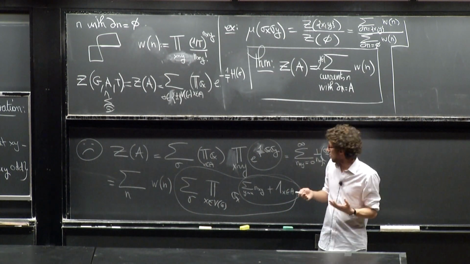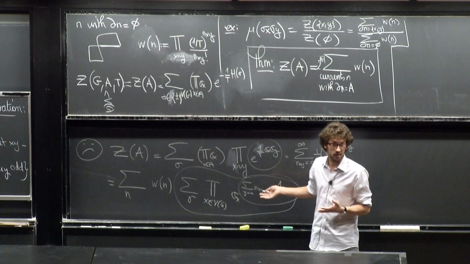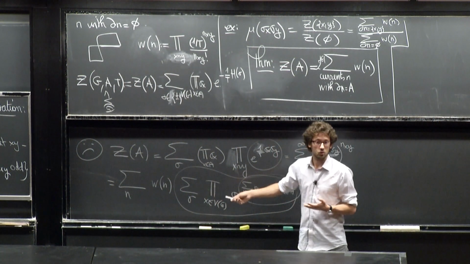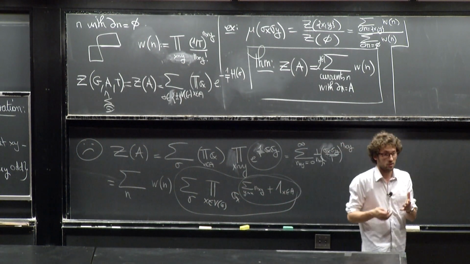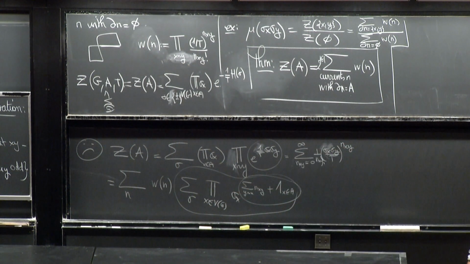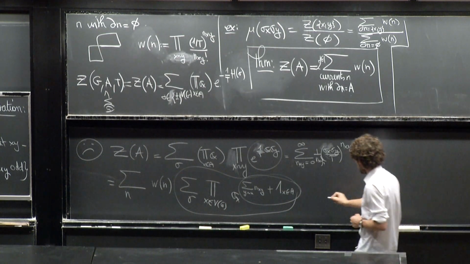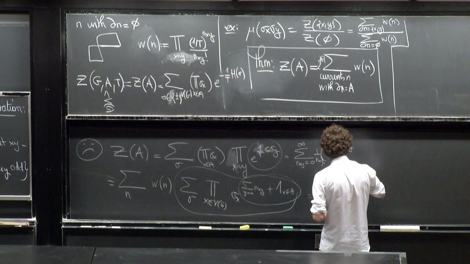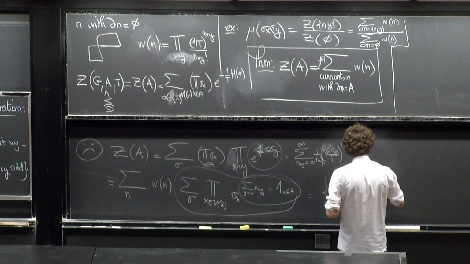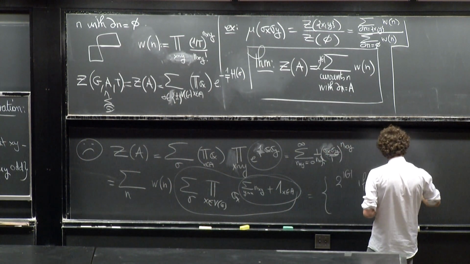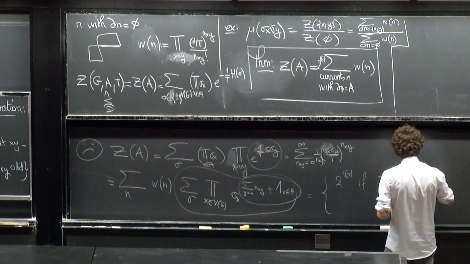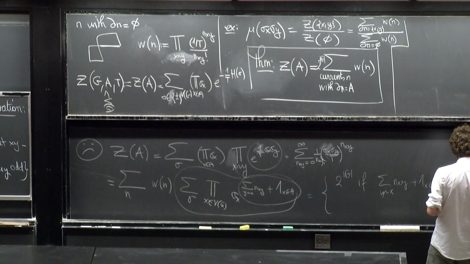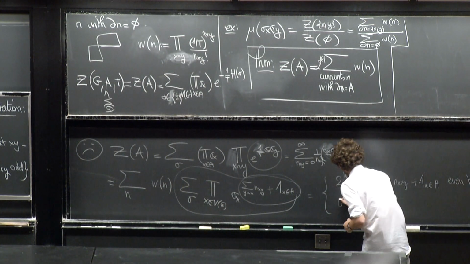And if for every value of x this is even, then you are just summing 1. So you get 2 to the number of vertices, because this is exactly the number of configurations. So this thing here is equal to 2 to the number of vertices if the sum of the n_xy plus the indicator of x belongs to A is even for every x, and is 0 otherwise.